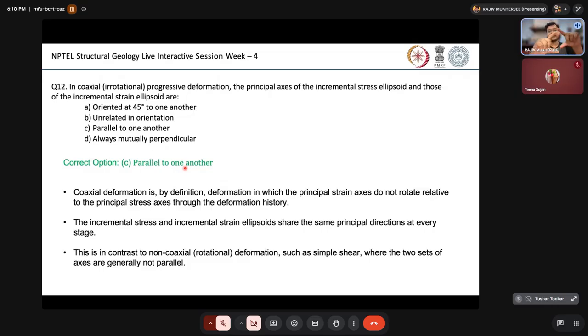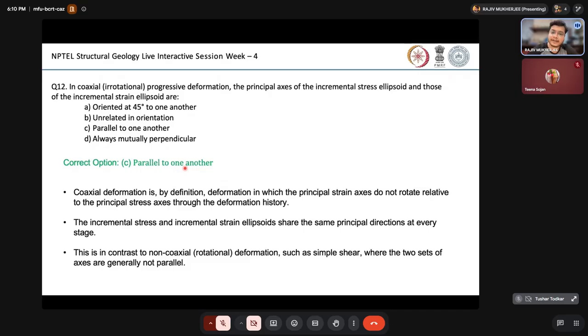But then the sigma 1 axis will be parallel to the lambda 3 axis, or S3 axis, of the strain ellipsoid, because the maximum stress is the minimum strain and the minimum stress is the maximum strain, right?